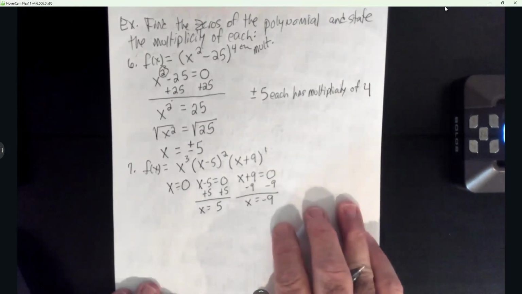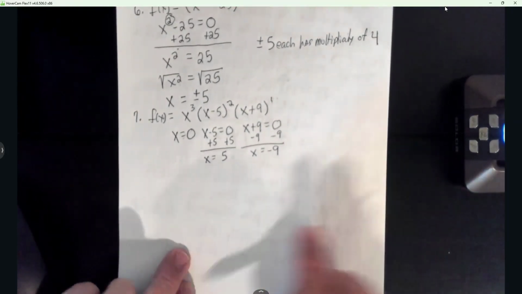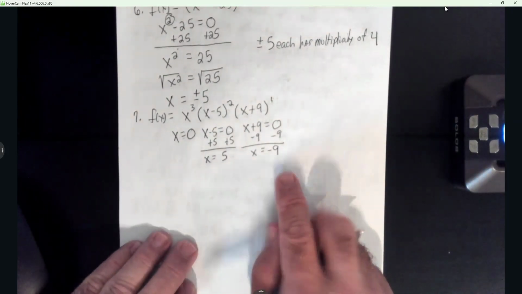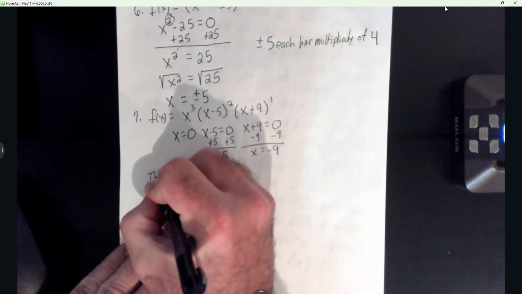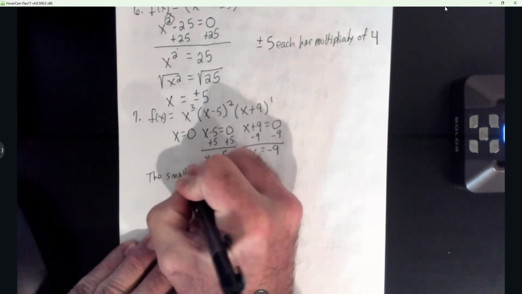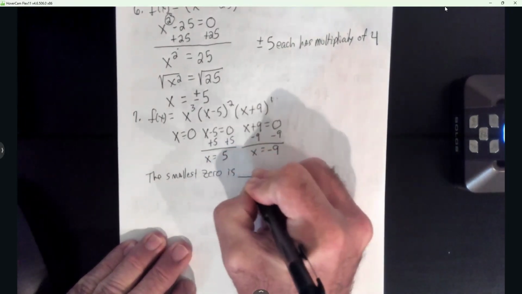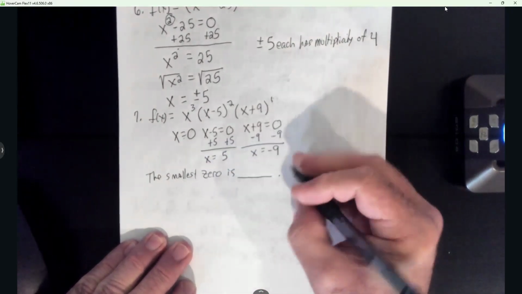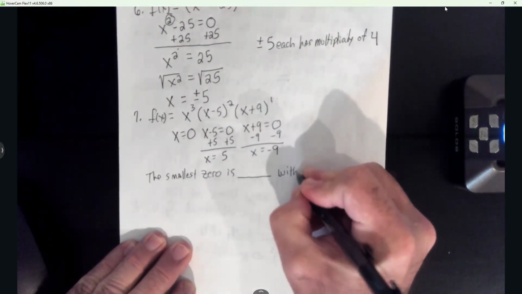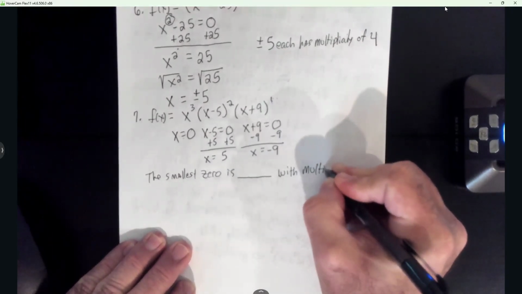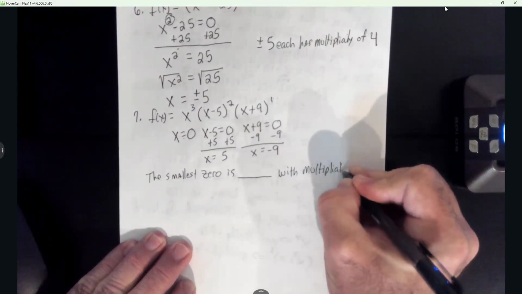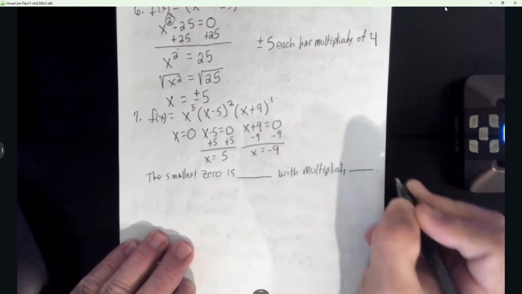So here's how the answer blanks are. The smallest 0 is blank with multiplicity blank.